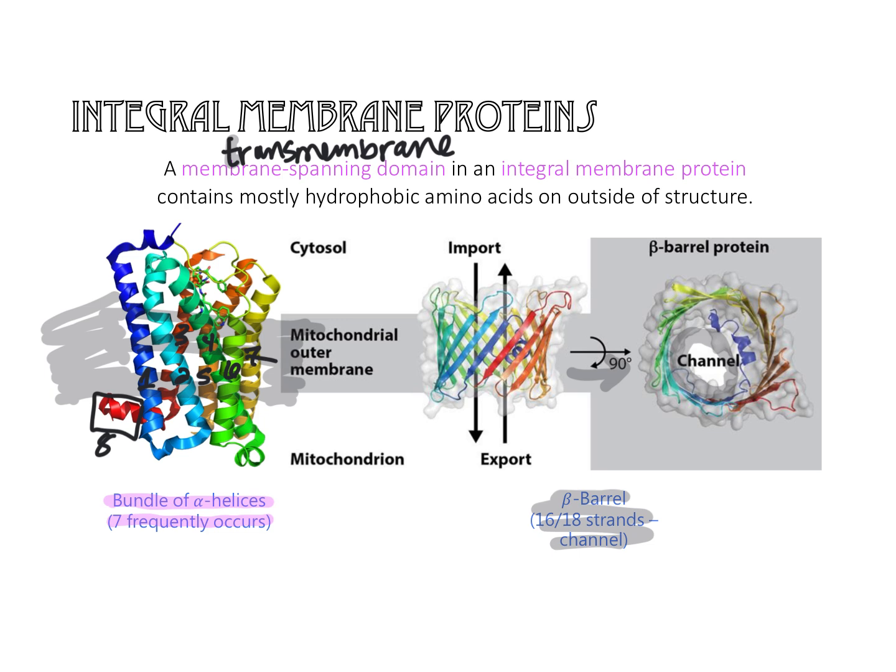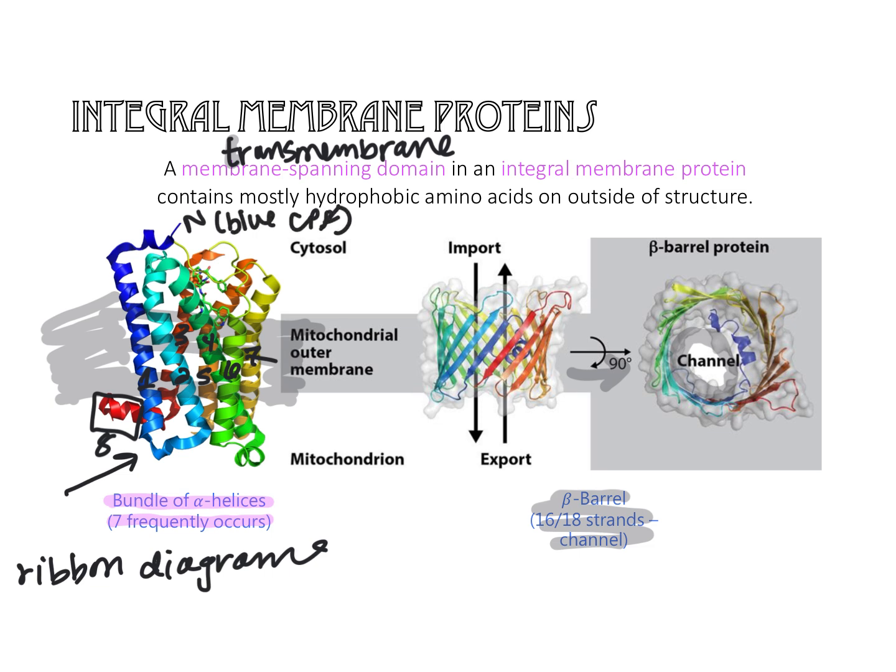And then if you wanted to label the N and C termini, there is a fun way of doing this. When the protein is rendered like this in a ribbon diagram, where it has all the colors of the rainbow, so it's the visible spectrum, the N terminus is where the blue starts, because blue is the CPK coloring for nitrogen.